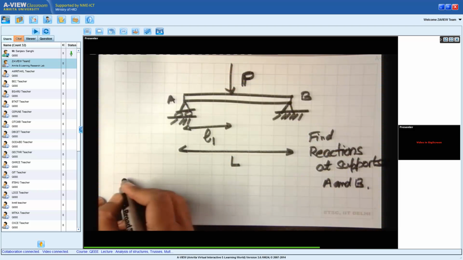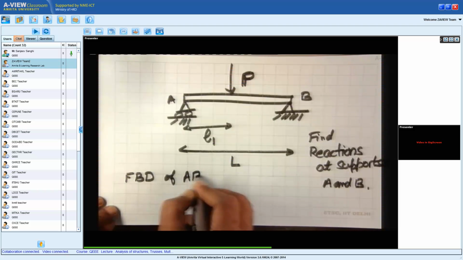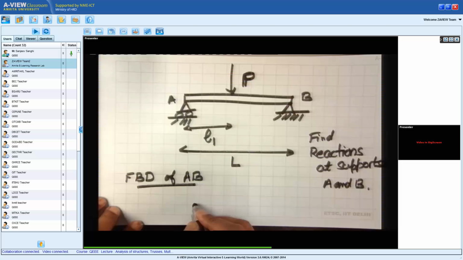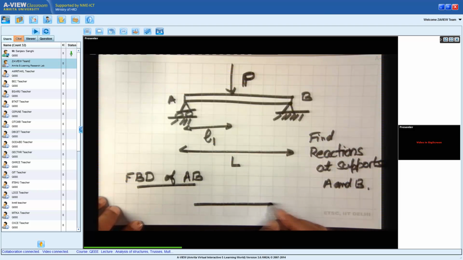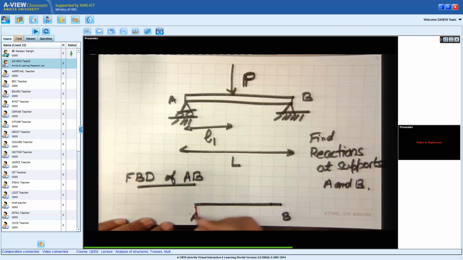Let's first draw the free body diagram of AB. So I draw AB. Now what happens at point A? Because we have roller supports, the reaction at A can only be vertical. So therefore, at A, I have a vertical reaction Ay.